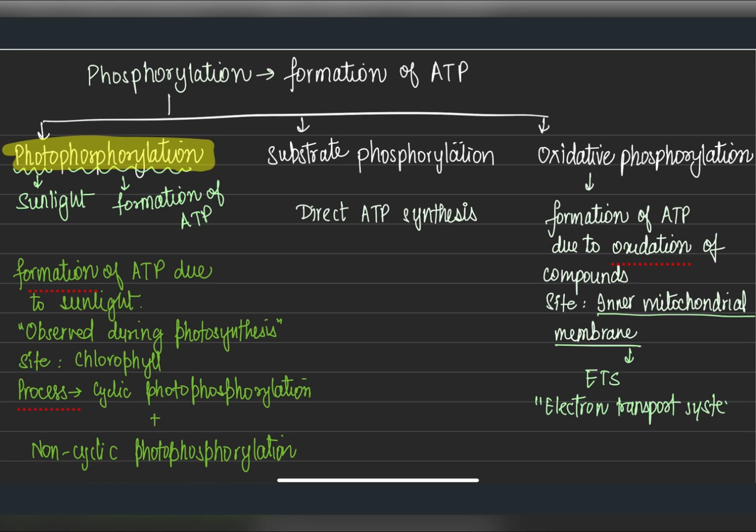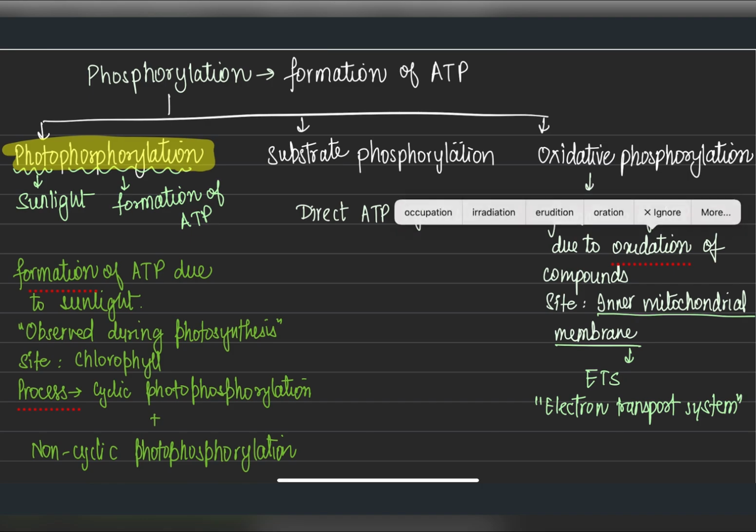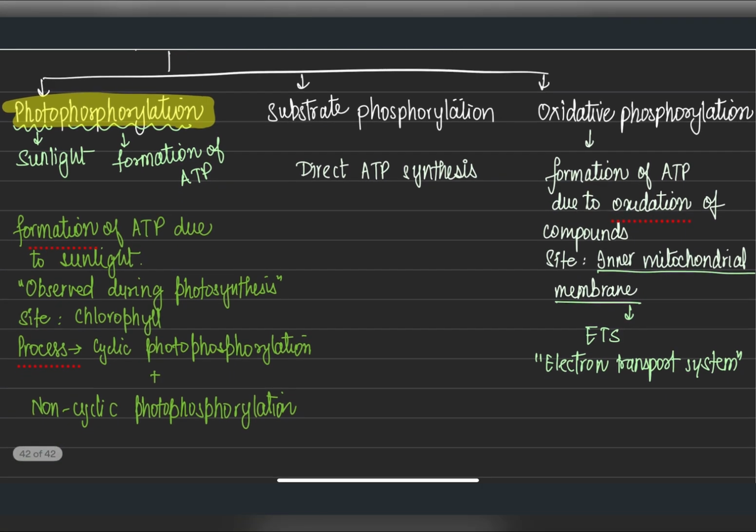Here NADH plus H plus is oxidized into NAD plus, and FADH2 is oxidized into FAD plus, and this is how oxidation of elements lead to formation of ATP.